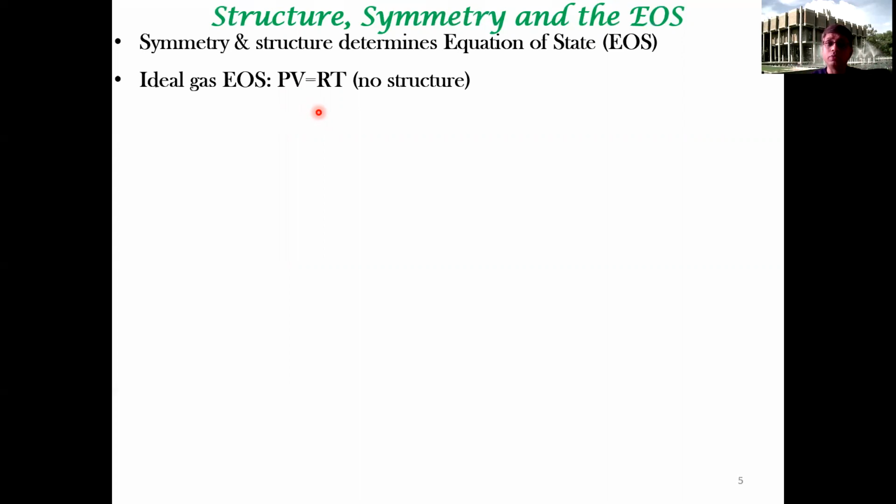If you didn't have an equation of state, all you could have is a gigantic table, where the pressure is connected to temperature and molar volume. This gigantic table is eliminated in the case of an ideal gas, and you have this ideal gas law. So this is the ideal gas equation of state.